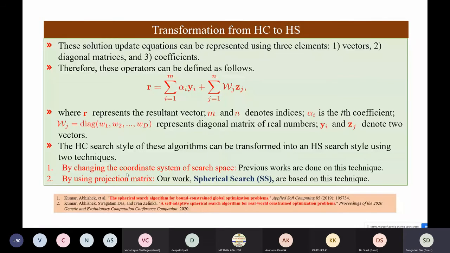That is exactly what spherical search does. And these are the two papers on spherical search, very recent papers, where this algorithm has just been proposed. And now the use of the algorithm is gradually increasing because it is really very easy.